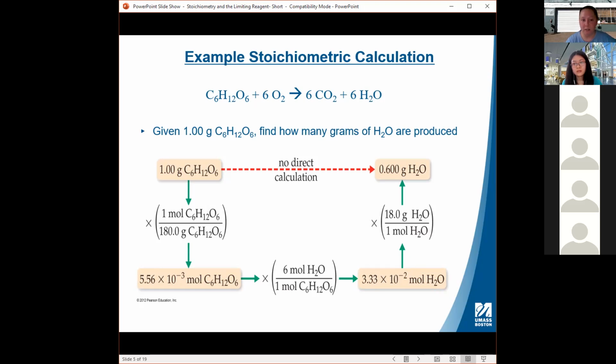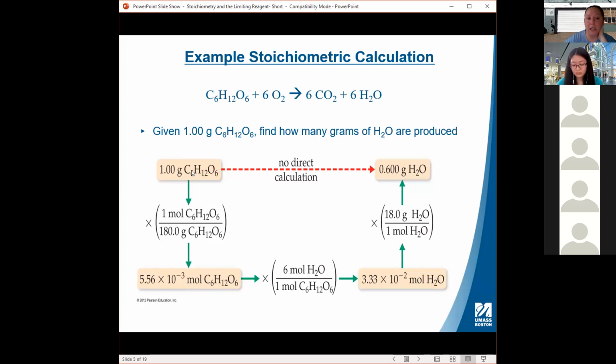So the first thing we need to do is convert that into moles. How many moles of sugar are in 1 gram of sugar? Well, we know that for every 1 mole of sugar, there are 180 grams of sugar. So 180 grams of sugar equals 1 mole. If we multiply 1 gram of sugar by the inverse of the molar mass, so 1 mole over 180 grams of sugar, we have now converted it into moles.